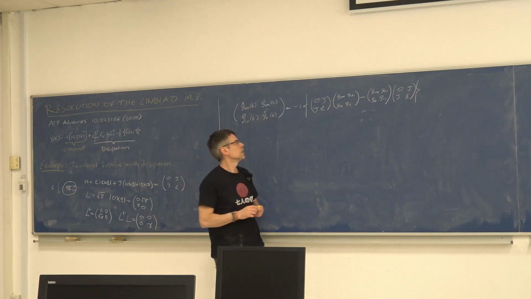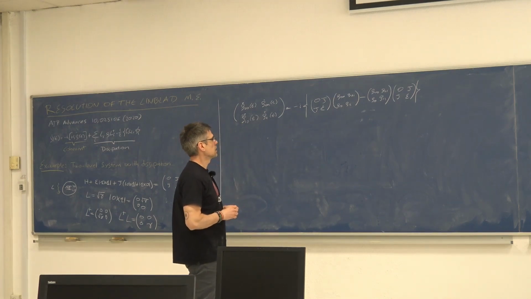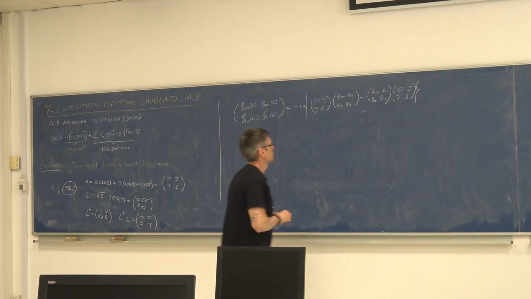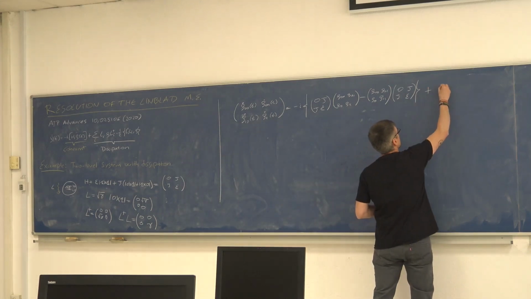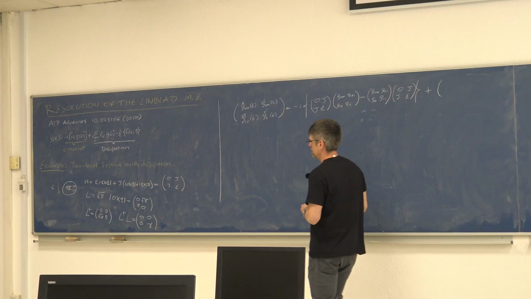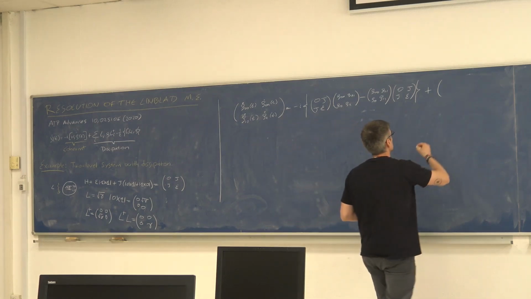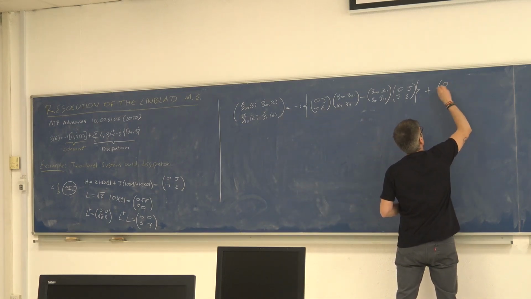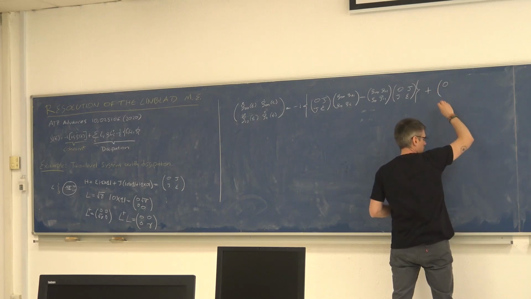And now I'm very grateful for having such a big blackboard, because now we have to write the incoherent part as L, that is 0, 1, 0, 0. Let's take the square root of gamma out, and there are two of them.